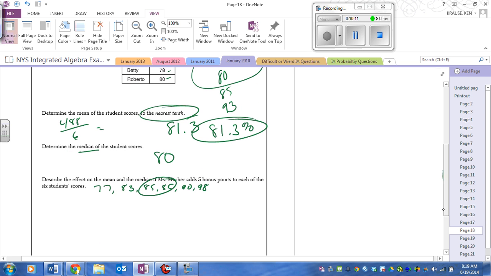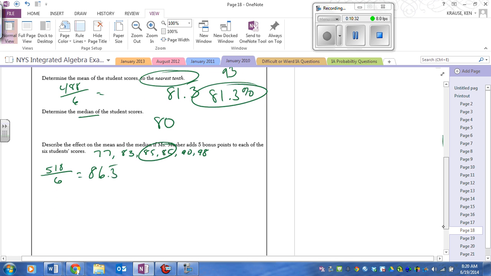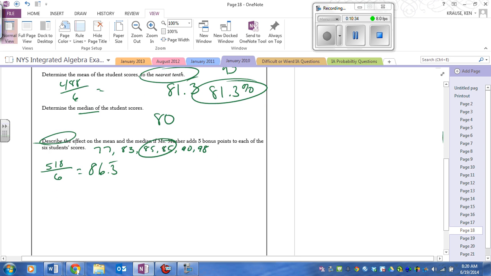And if I add 5 points to every one of these, and I add them all up, I get 518, and I divide by 6, and what you're going to see is it's going to be 86.3 repeating. So, describe, you gotta do some words.